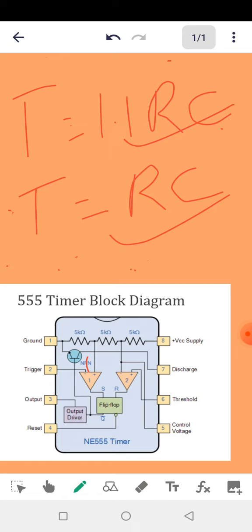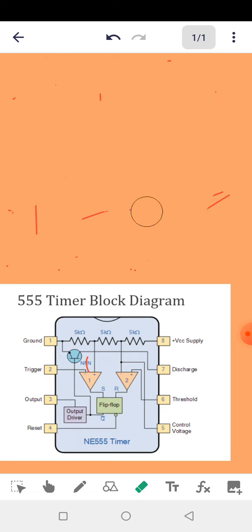It's best you choose a capacitor value, then plug it into the formula, then you can have a resistor value that will work well. Let's say, for example, that I want a time of 10 seconds and I choose a capacitor value of 100 microfarad.